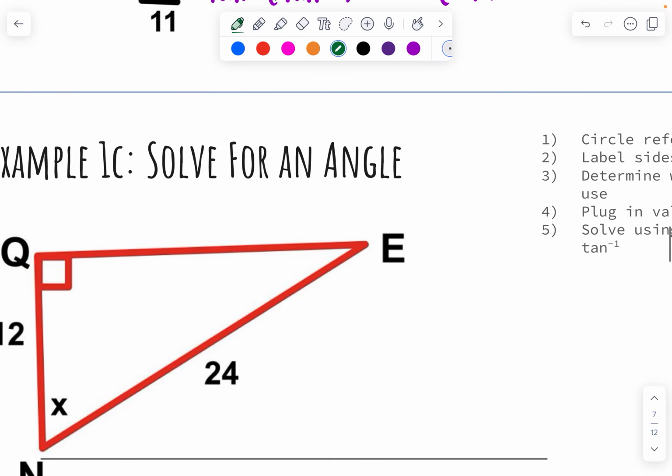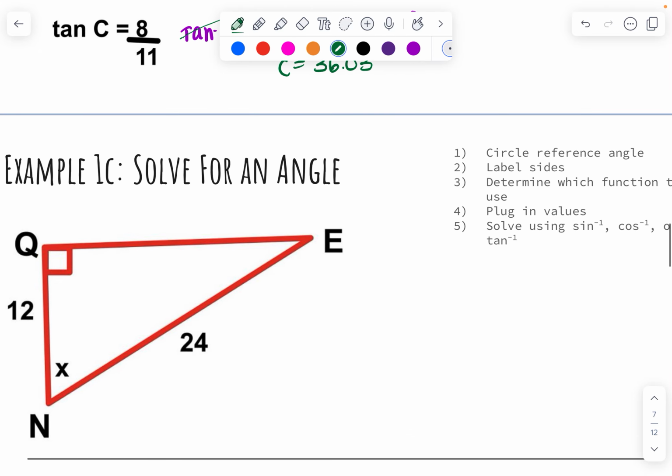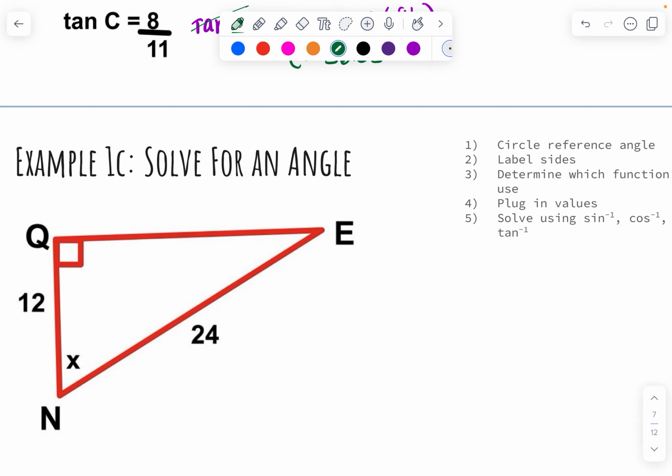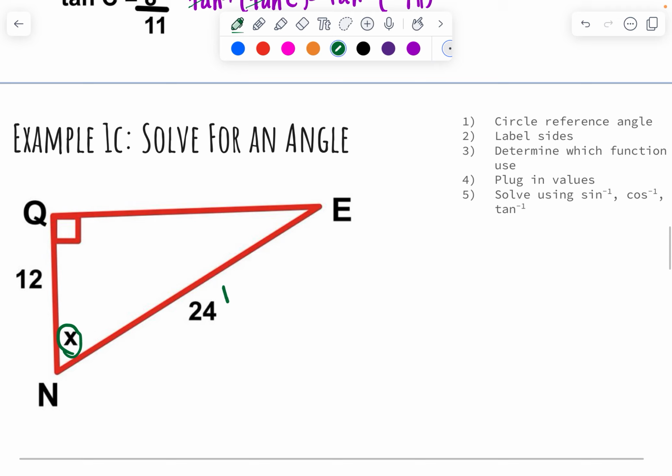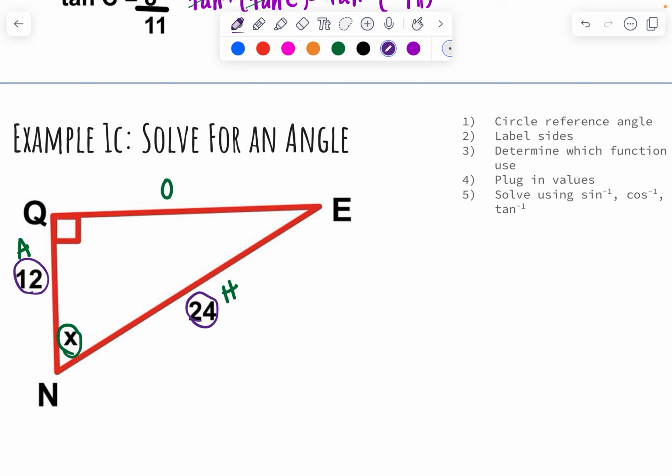So let's look at an example here. Here's the steps we're going to do. Circle our reference angle. In this case, it's that angle N there. So from there, we know this is the hypotenuse, opposite, and adjacent. And it looks like we know the hypotenuse and the adjacent, so we're going to be using cosine.